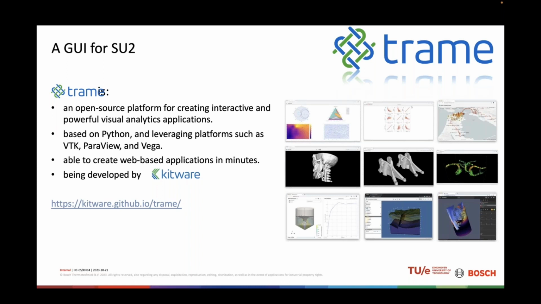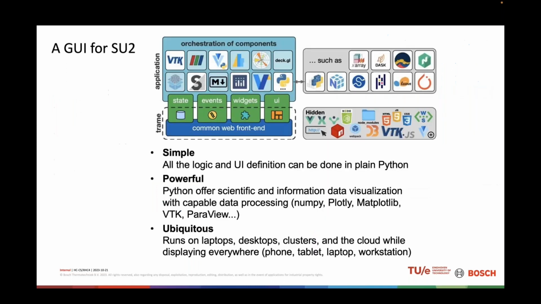It's based on Python and leverages platforms such as VTK, ParaView, and Vega. And it's basically able to create web applications in a couple of minutes. Unfortunately, not a complete graphical user interface in a couple of minutes, but still it was very easy and very intuitive to use. As I said, it is being developed by Kitware, and you can also see the website below.